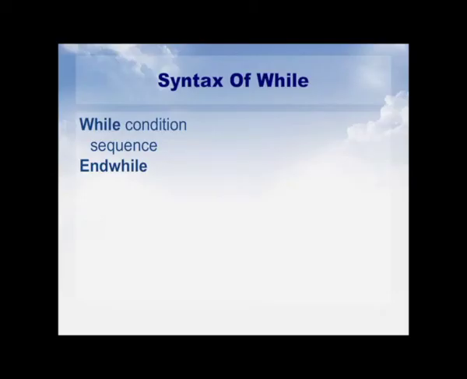The general form of the while loop can be seen now. Here you can see the while construct starts with the keyword while followed by an expression that represents the condition, and we have an indentation. The statements which are indented after the while come inside the while scope, and we have a sequence of statements that are repeated again and again by the block, and finally we end with end while.